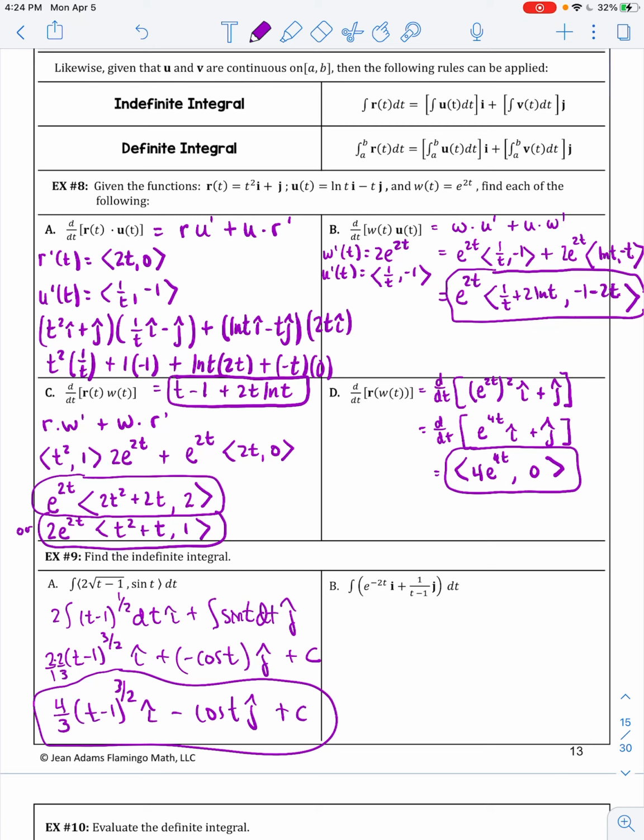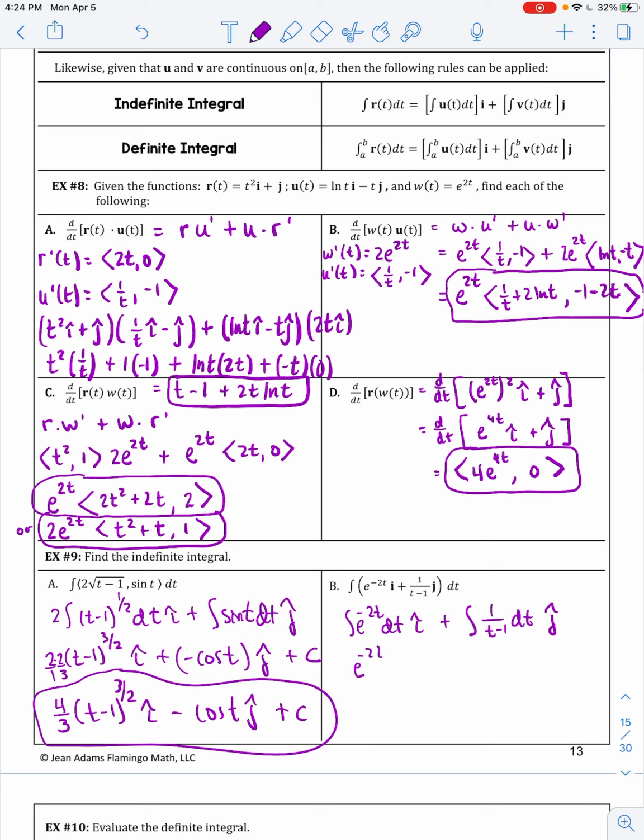And then part B, integral e to the 2t dt times i plus integral 1 over t minus 1 dt times j.